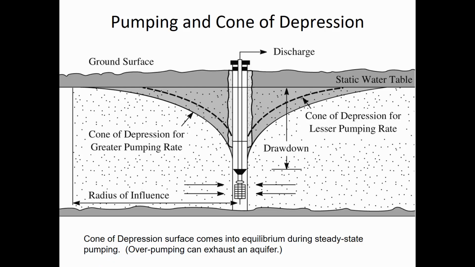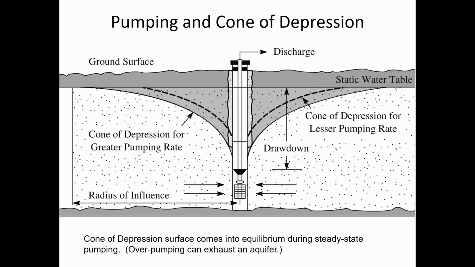Now, what you should be conceiving of this is a cross-sectional view, and this cone of depression, as it's called, is the closer you get to the well, the lower down the free surface of the water is going to be.